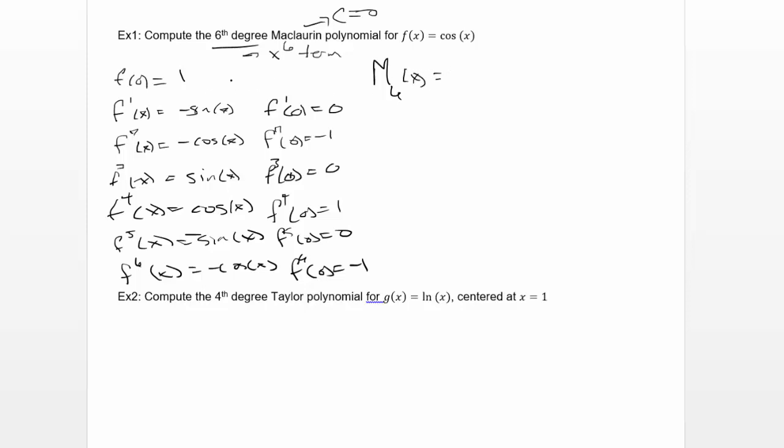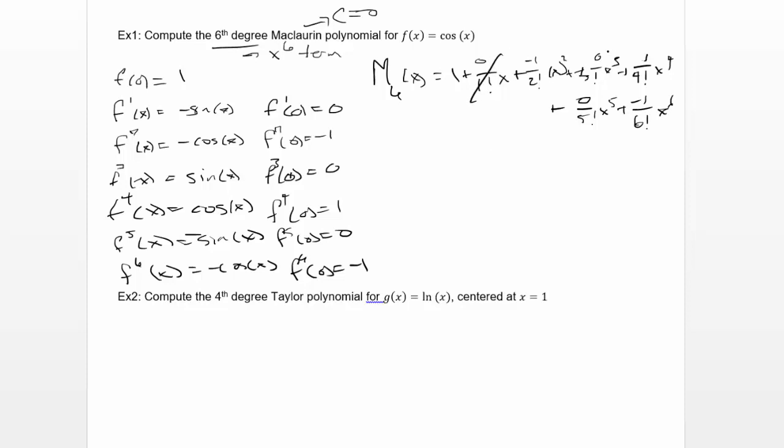It should be 1 plus 0, the first derivative at the center over 1 factorial times x to the first, plus the second derivative at the center over 2 factorial times x squared, the third derivative over 3 factorial times x cubed, plus the fourth derivative at 0 over 4 factorial times x to the fourth, plus the fifth derivative over 5 factorial times x to the fifth, plus the sixth derivative over 6 factorial times x to the sixth.